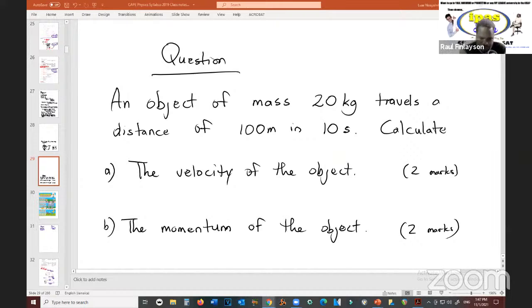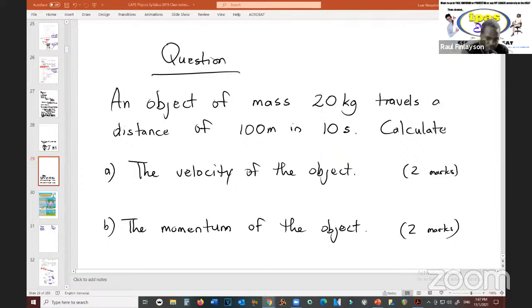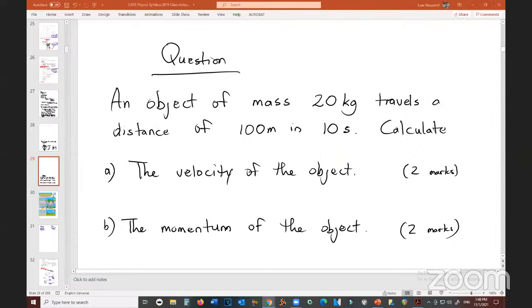All right, Caris. You see the screen? You know what to do for the first question? Sir, I guess so. I just wrote them down because my internet went.